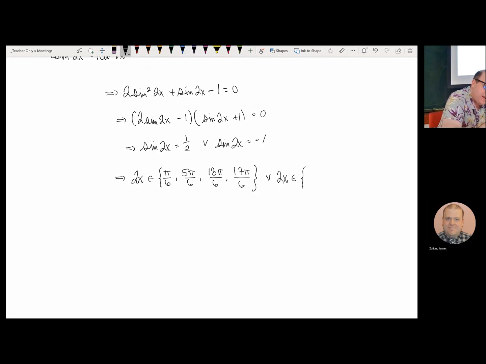Sine is -1 at 3 pi over 2. Right? Since it's 2x, we're also going to want 7 pi over 2.